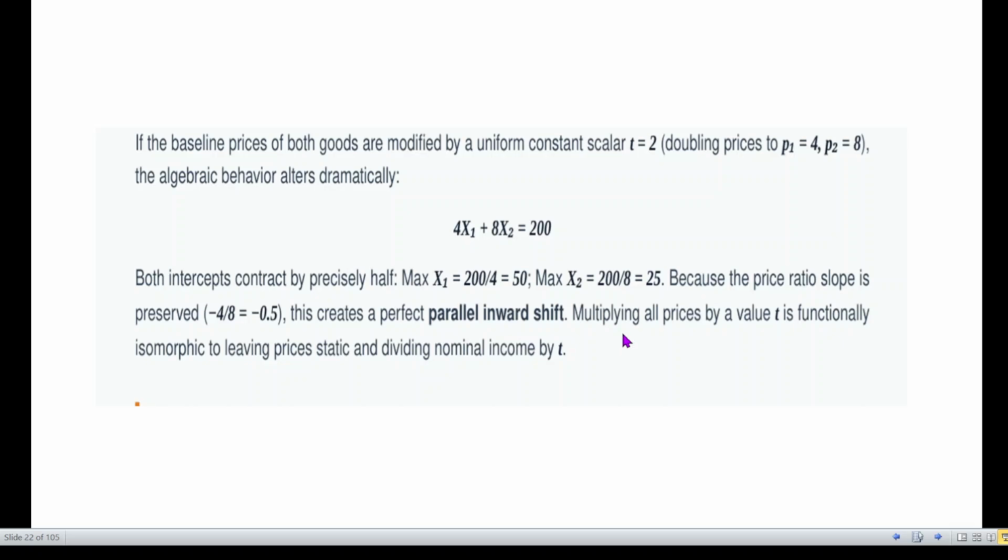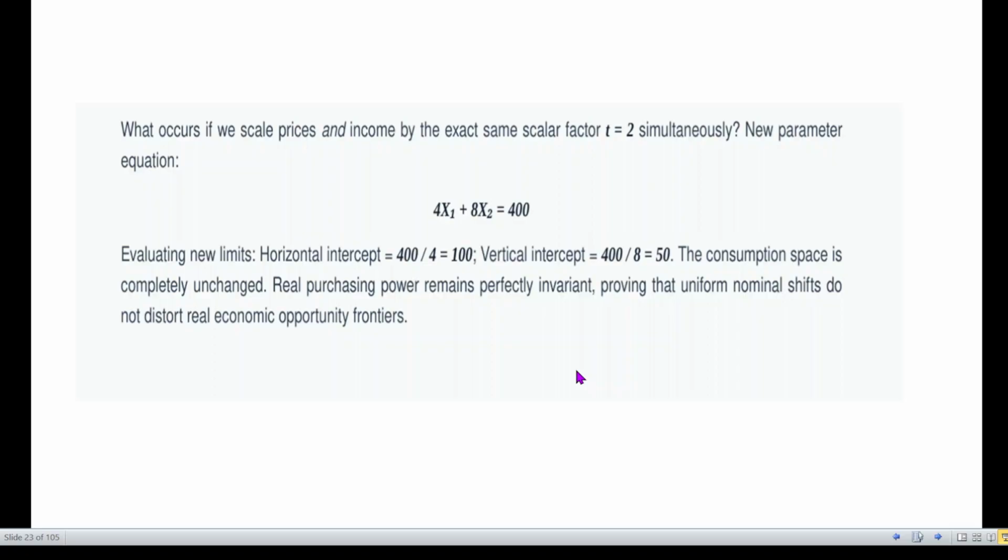Multiplying all prices by a value t is functionally isomorphic to leaving prices static and dividing nominal income by t. The big finale, or absence of money illusion, is what occurs if we scale prices and income by the exact same scalar factor t, which is equal to 2, simultaneously.